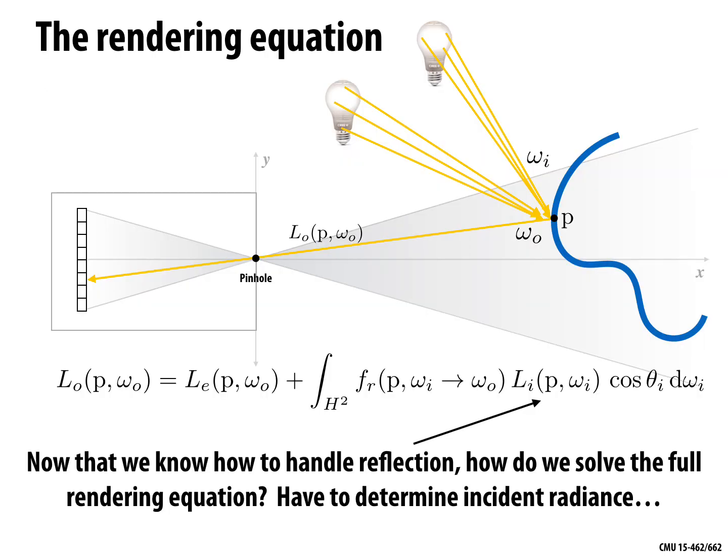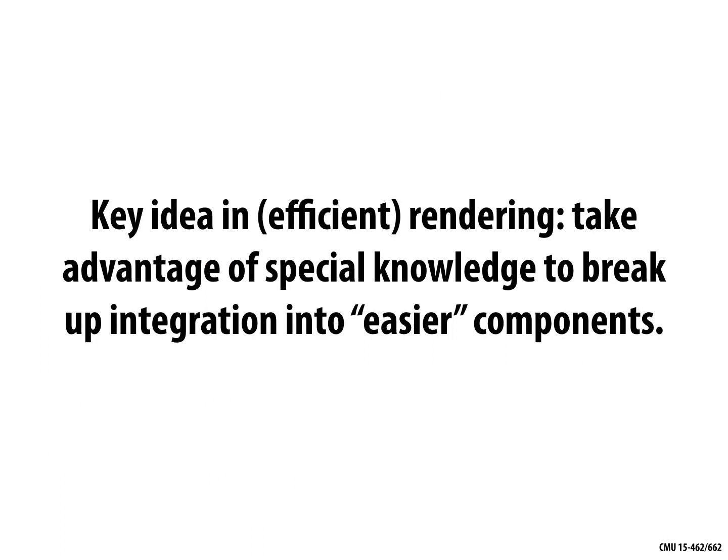Now that we know how to handle this most complicated term, the reflection term, how do we solve the full rendering equation? A key idea in rendering is to take advantage of special knowledge to break up integration into easier components.